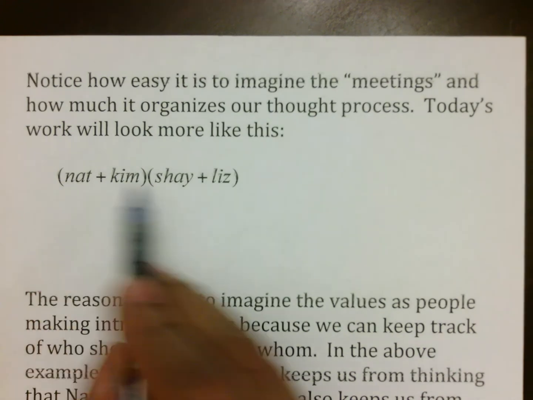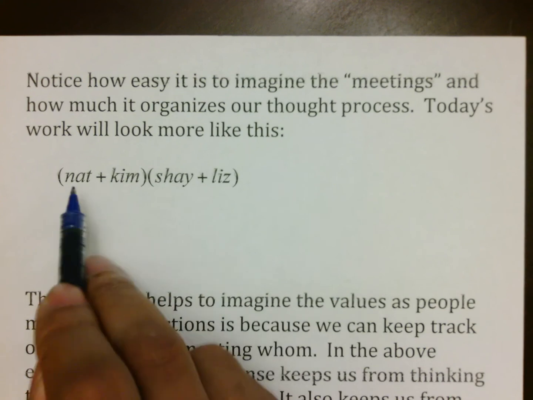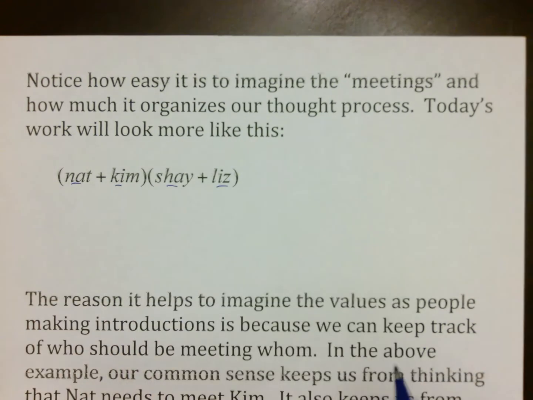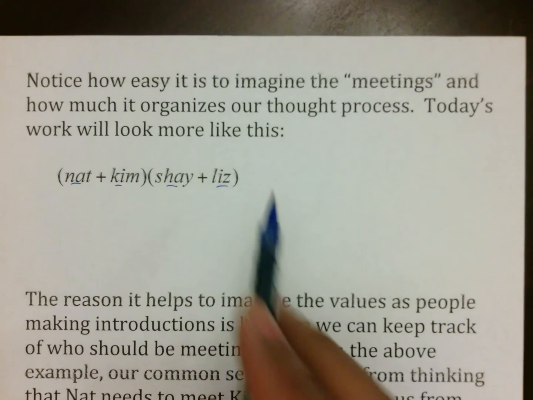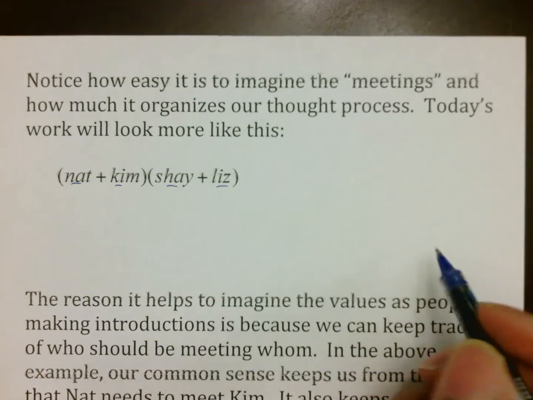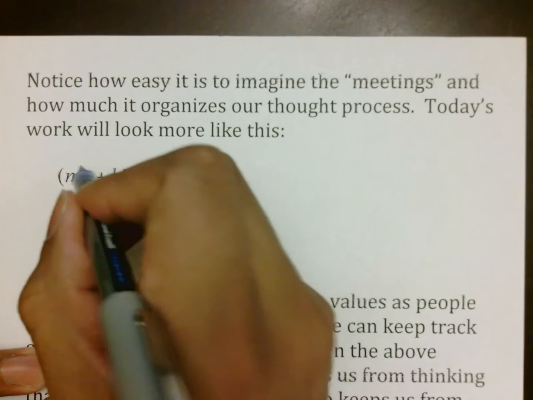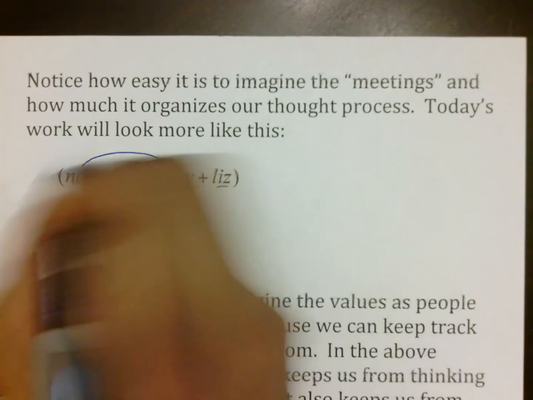Today's work, though, is going to look more like this. Nat and Kim, Shay and Liz. Again, you've got Nat and Kim that are friends in this parentheses. You've got Shay and Liz that are friends in this parentheses. And so it's not just a matter of one person shaking hands. It's going to be something where you have to be more organized. So what I usually do is I start from one person and have them meet both.